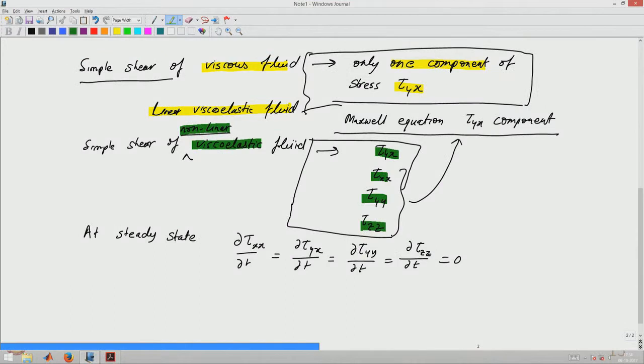So, the convected rate includes these terms, given that instead of choosing the partial derivative, we are going to choose the convected rate.